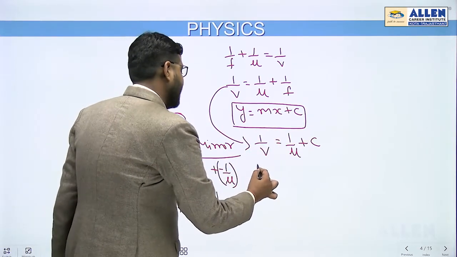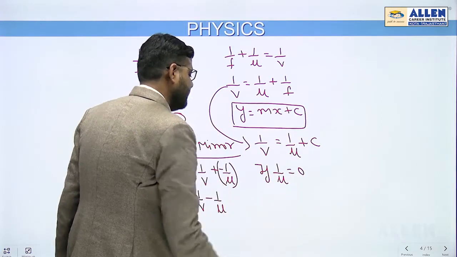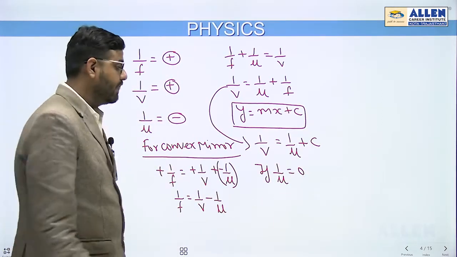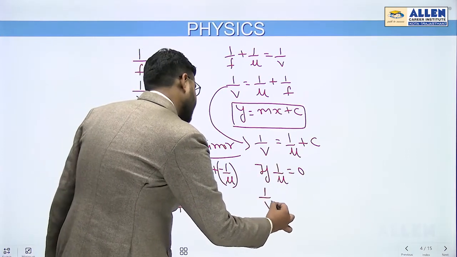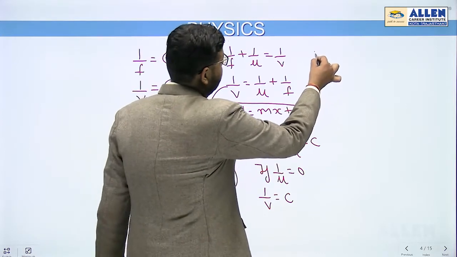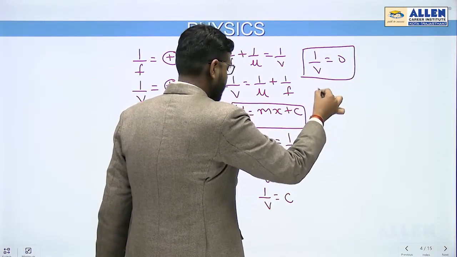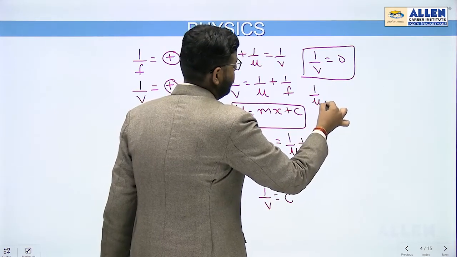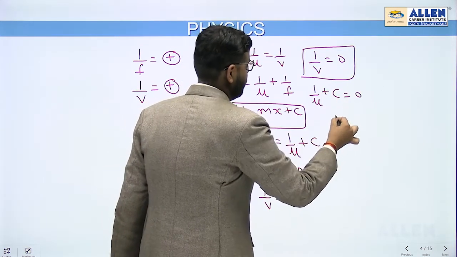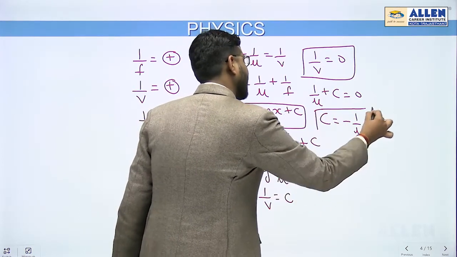So if 1 by u equal to 0, we get 1 by v equal to c, or if 1 by v equal to 0, we get 1 by u plus c equal to 0, or c equal to minus 1 by u.